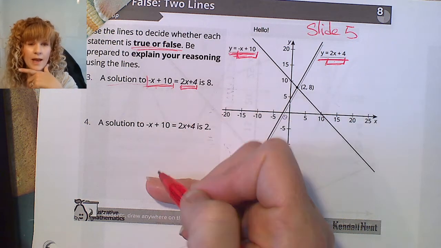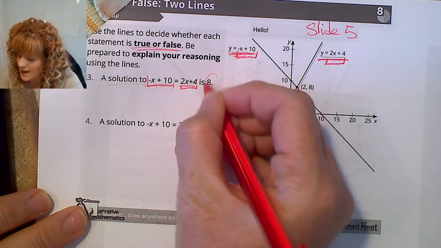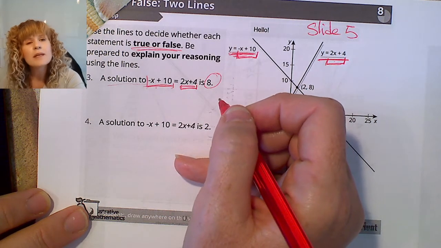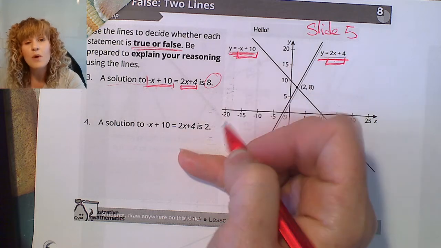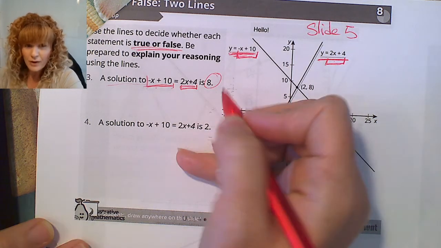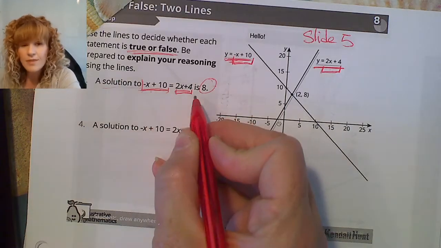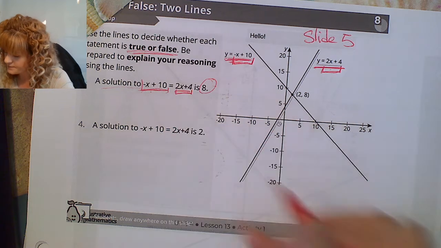Pause. Okay, now that you wrote this down, it says a solution is 8. That means 8 is the value of x that makes this true. Is that false or true? True or false? Does 8 work for this? Well, we can do the math and solve for x.